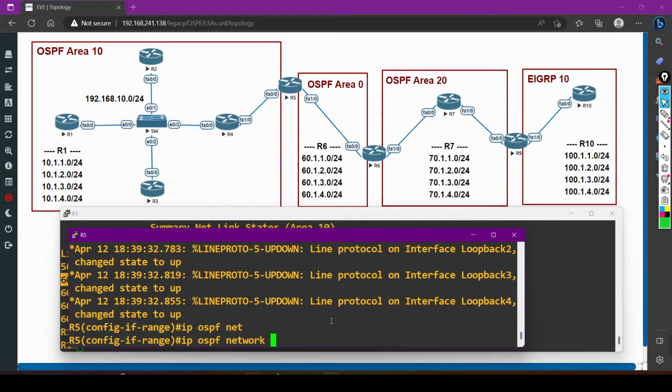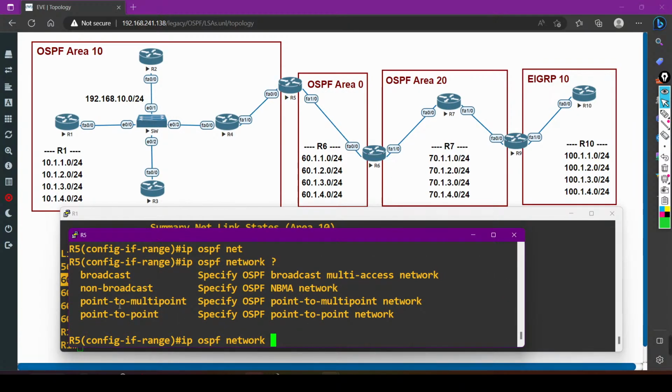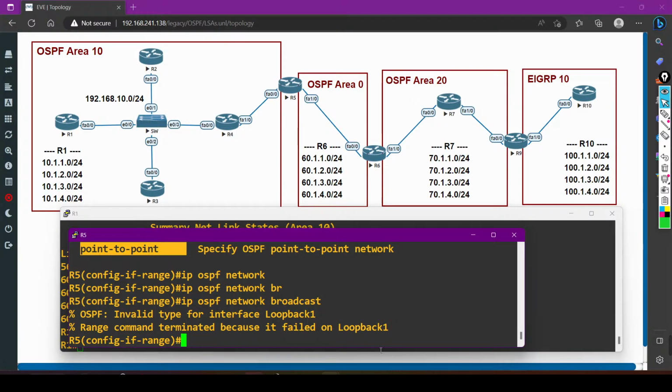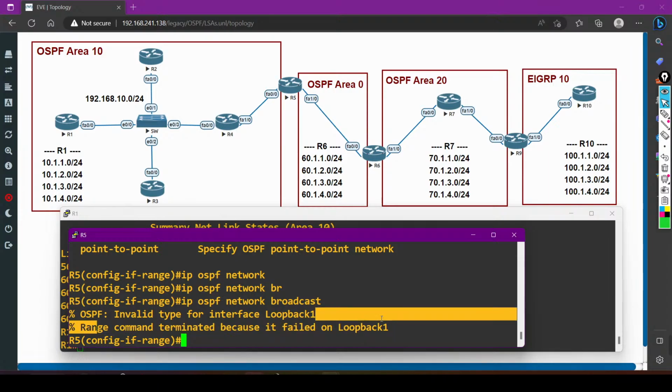So interface range loopback 1 to 4 and IP OSPF network type. What network type do I need to configure over here? Broadcast, non-broadcast, point to multipoint and point to point. So let me configure broadcast over here. Okay, what is it saying? Range command terminated because it failed on loopback 1.